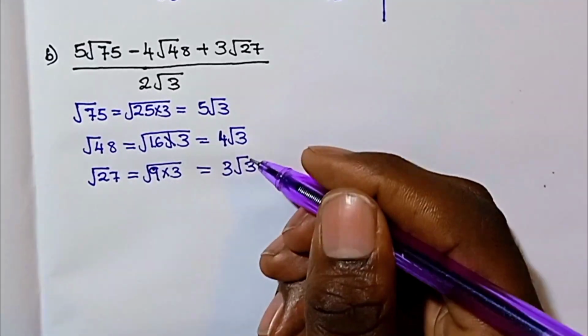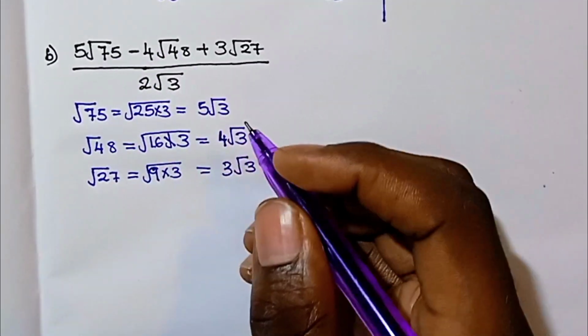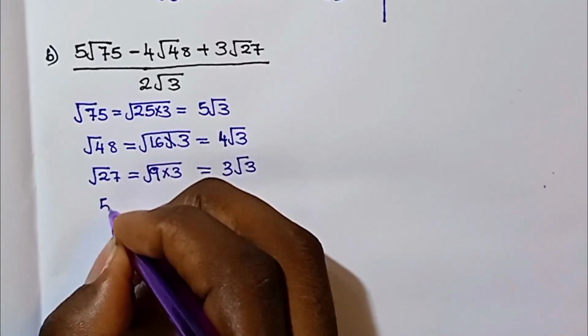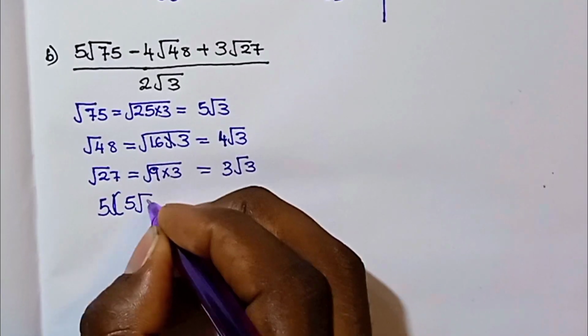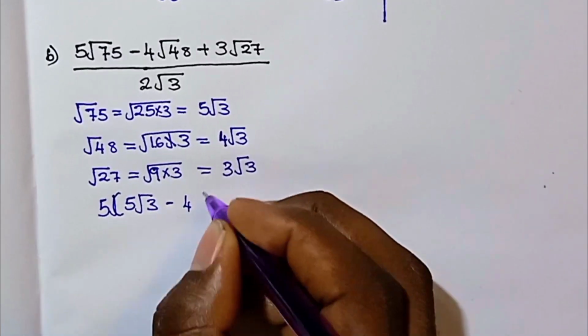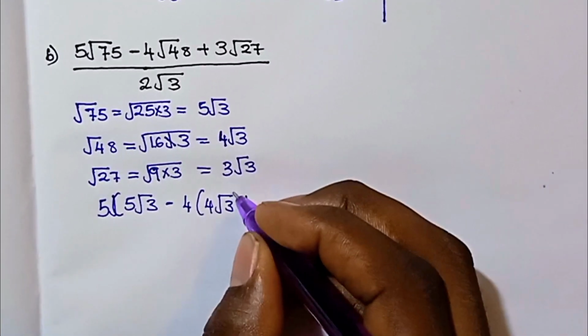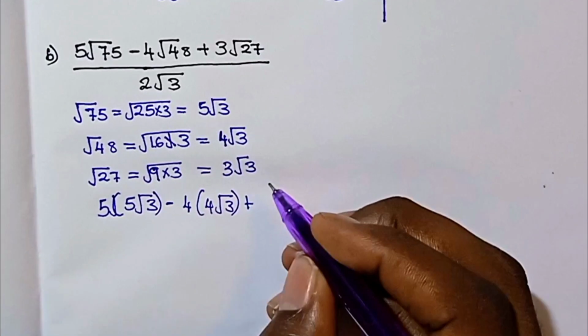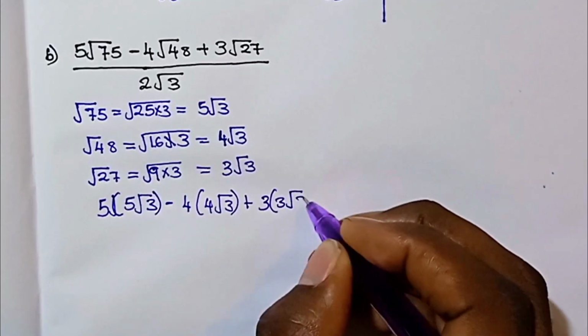So we come here and rewrite it. We're going to have 5 into bracket 5 root 3 minus 4 into bracket 4 root 3 plus 3 into bracket 3 root 3.